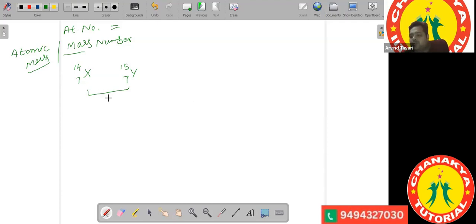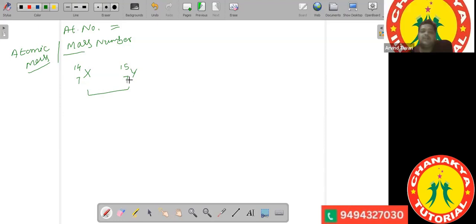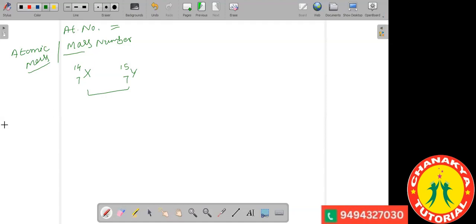So why will these two atomic species show different properties? Sir, because their mass number is different. So the mass number is different due to the difference in the number of neutrons, right? Sir, I'm not pretty sure about my answer.